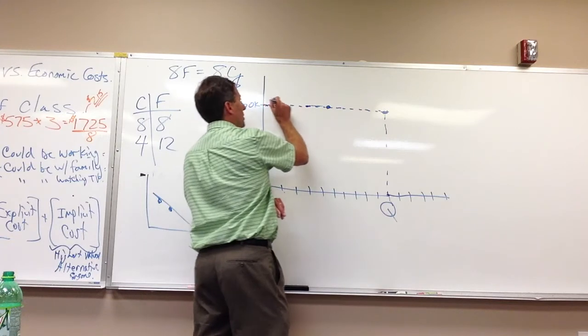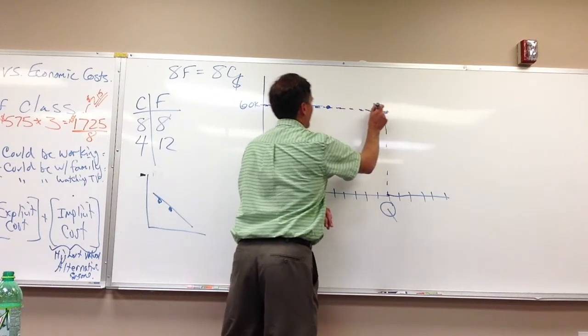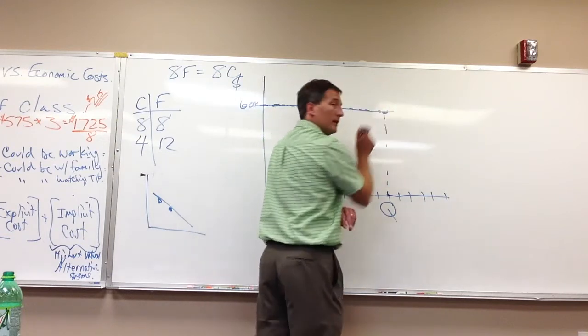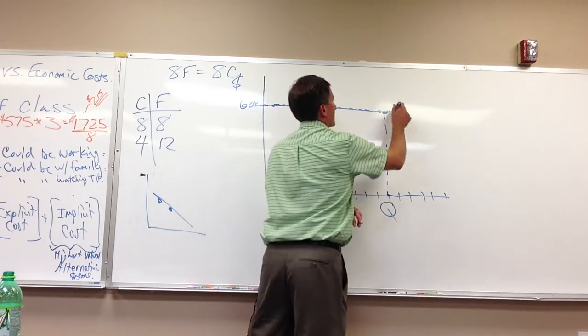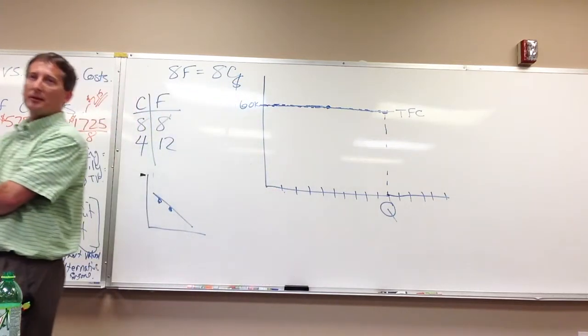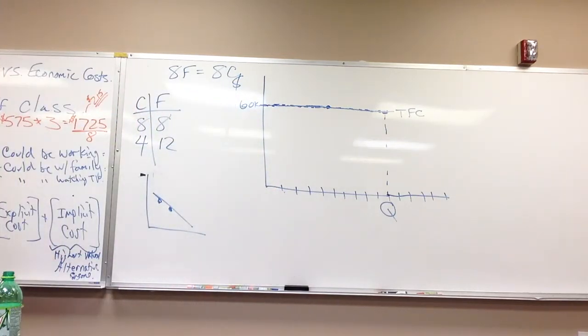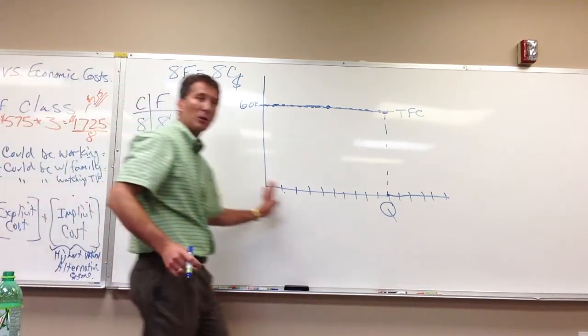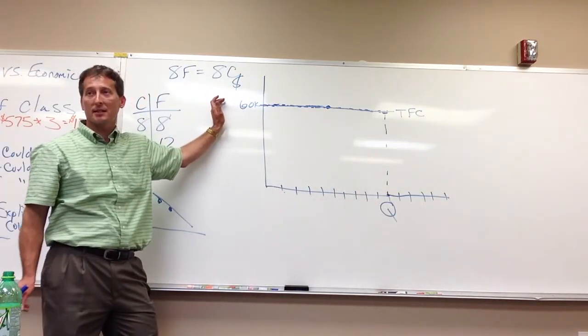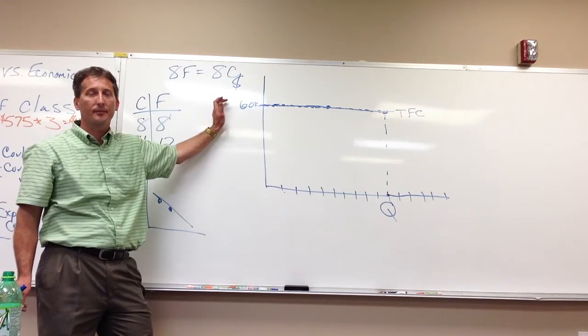Pretty soon we'd have so many dots together that they would start to resemble a line, right? So that is our total fixed cost relationship or function. No matter what quantity we produce, my total fixed cost is 60,000 bucks.